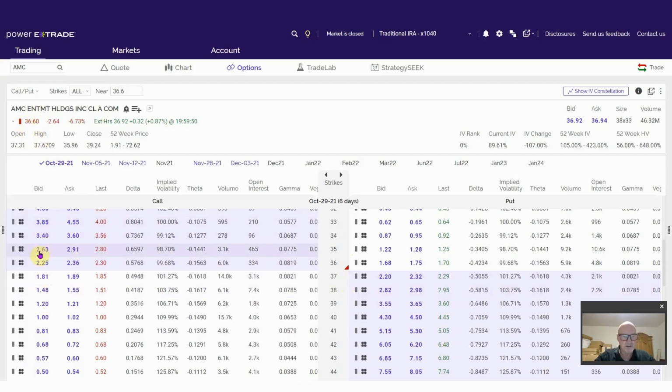And so this is considered in the money and this is considered out of the money on a call. On a put, this is considered in the money and this is considered out of the money. So anything lower than 36.60 is out of the money. In essence, the strike price is picked. 36 is out of the money, but it's basically what we call at the money.